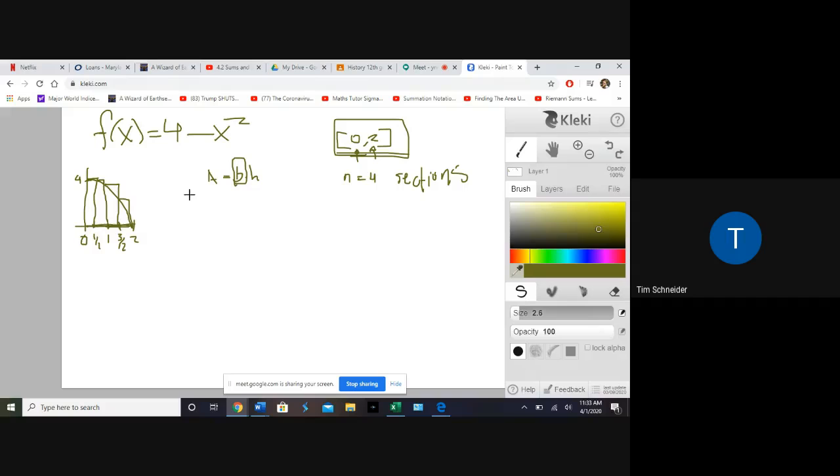So before we make this up into a sum, we first have to realize our first section is from 0 to 1/2. So in other words, this is x1, this is x2, this is x3, this is x4, and this is x5.